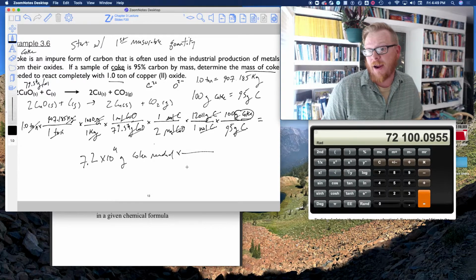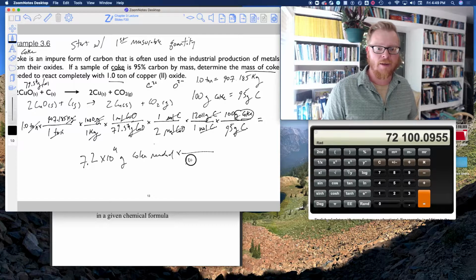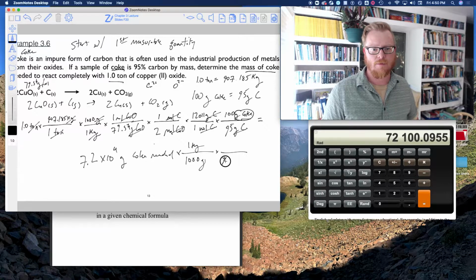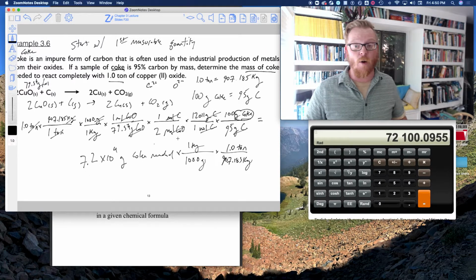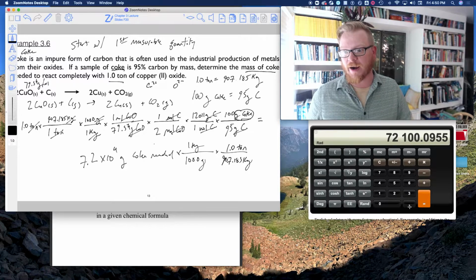But what if I wanted to compare apples to apples, right? Well, now I know I can say in 1,000 grams, there's 1 kilogram. And in 907.185 kilograms, there's 1 ton. And again, I know that this is redundant from what I did before, but I like to do this redundant way of calculating so I can keep track of what I'm doing.